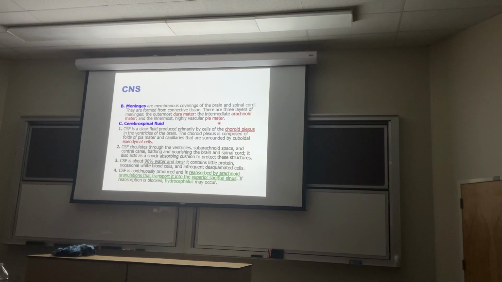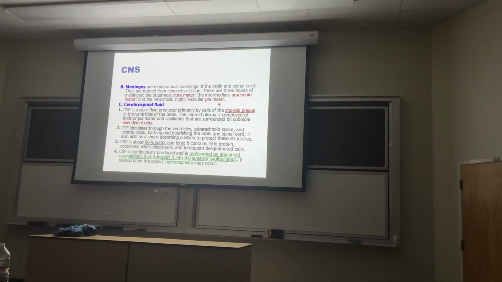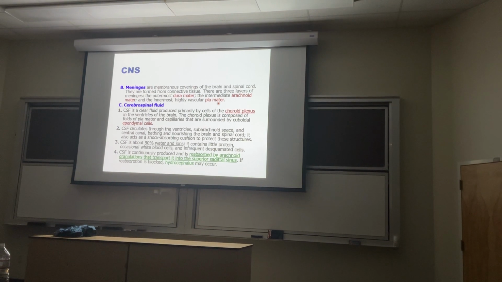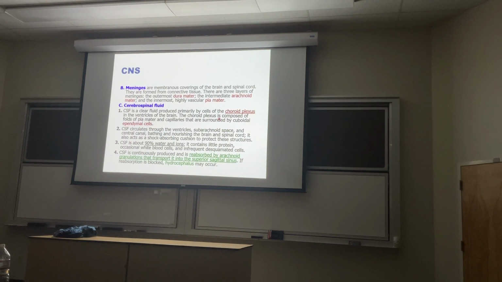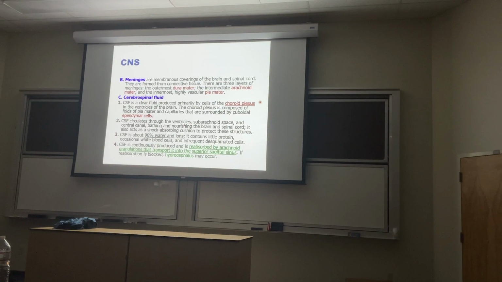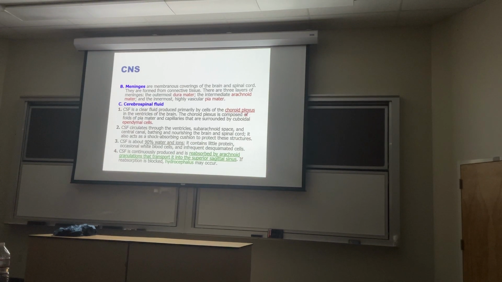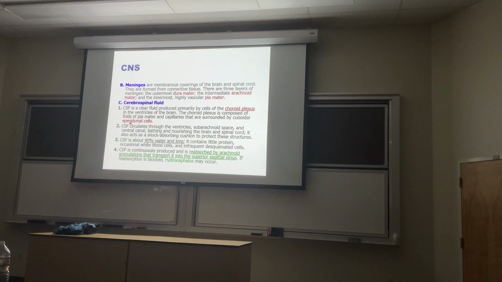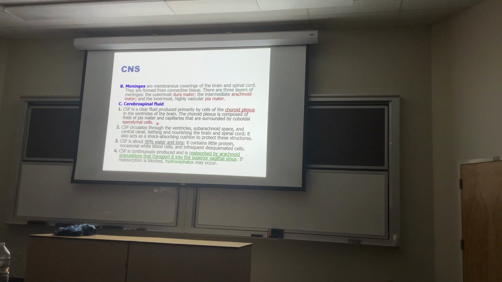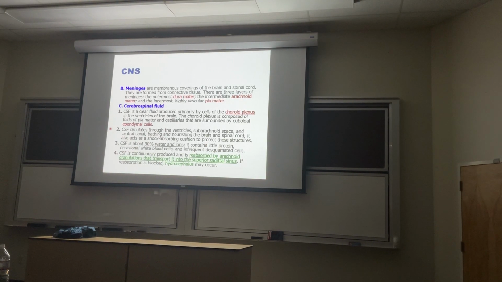It uses glucose primarily as a nutrient source. And then, of course, it needs oxygen. The choroid plexi, or plexus in the singular, produces cerebrospinal fluid, and the glial cells, the ependymal cells, line all the ventricles and the central canal. We'll see those in lab pretty clearly.